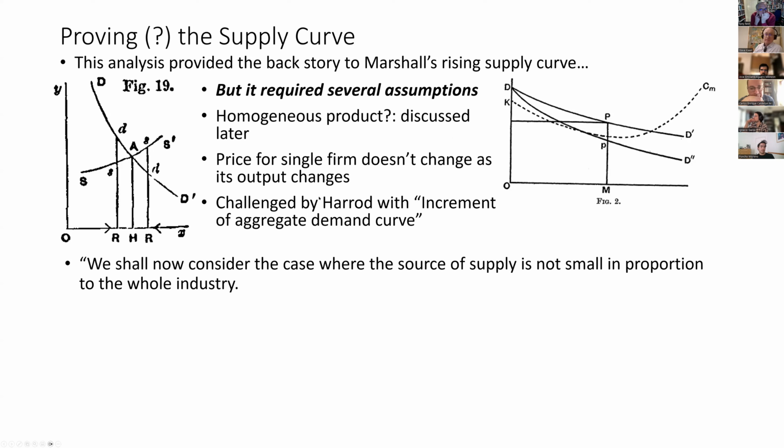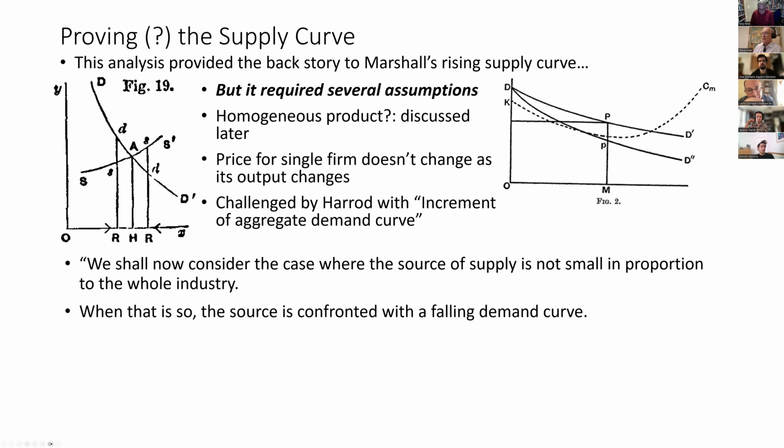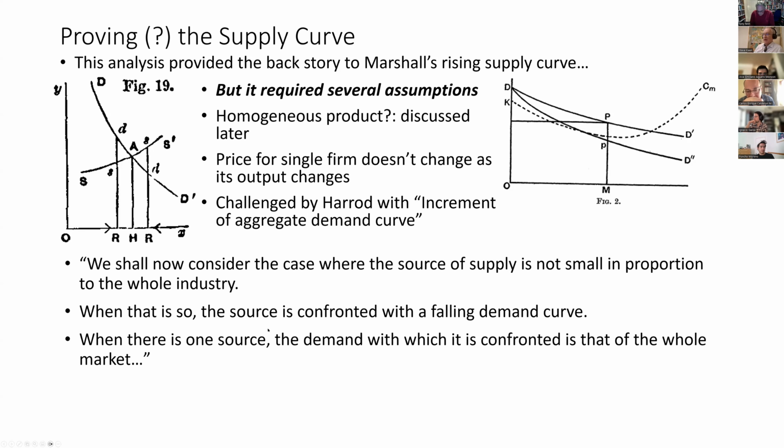And he said, let's look at where the source of supply is not small. In other words, they leave out the assumption that you're so small you can't affect the market price. He said, when that is so, the source has a falling demand curve. And when there's one source, the demand curve is actually the whole market demand curve.